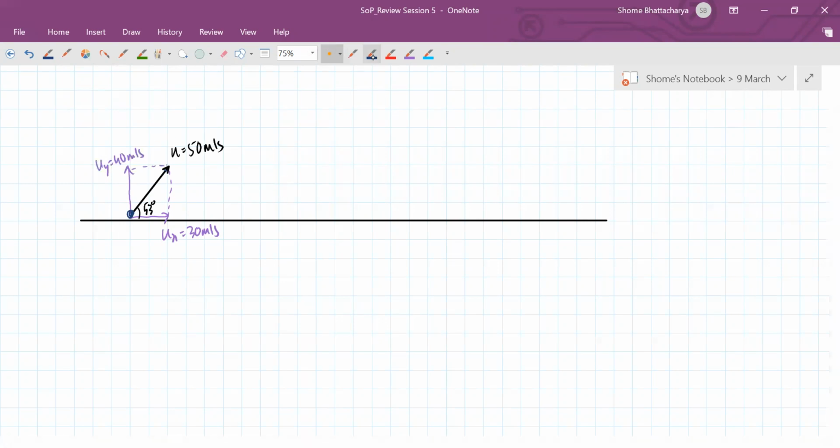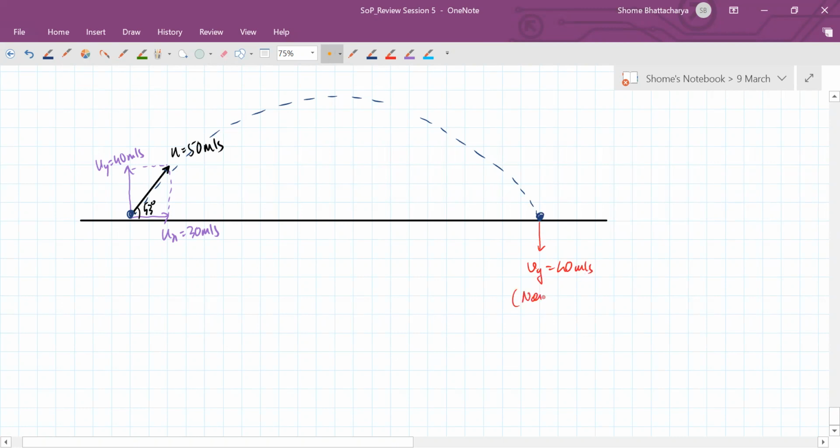So when this particle or sphere makes the first impact at A, the impact velocity has a vertical component of 40 meters per second, which is the normal component.